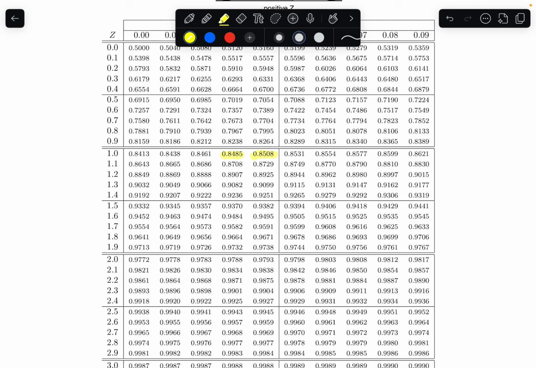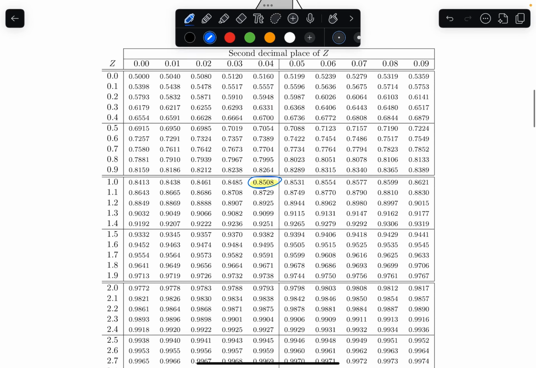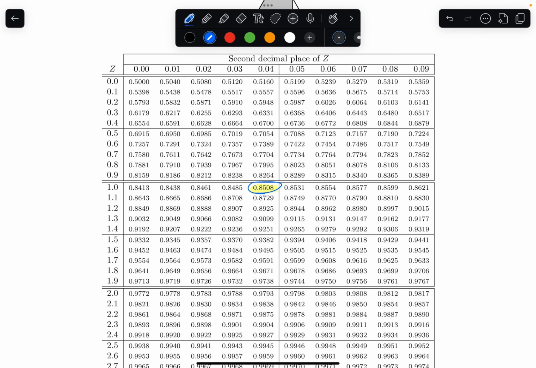0.8485, and here's 0.8508. So it's going to be somewhere between those two. And again, if you need to do a little bit of subtraction to determine which one's going to be closer, you can. But it's going to turn out that 0.8508 is a little bit closer to 0.85. So that's the number that I want. If I wanted to find the z-score corresponding to that number, well, that lives in this row.